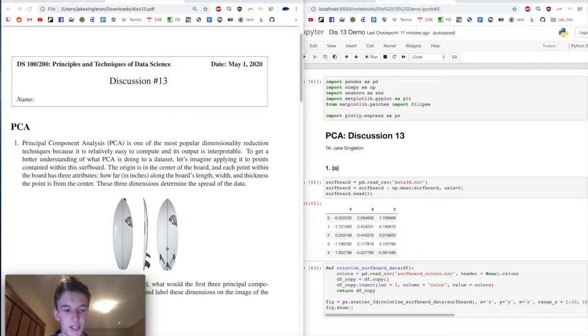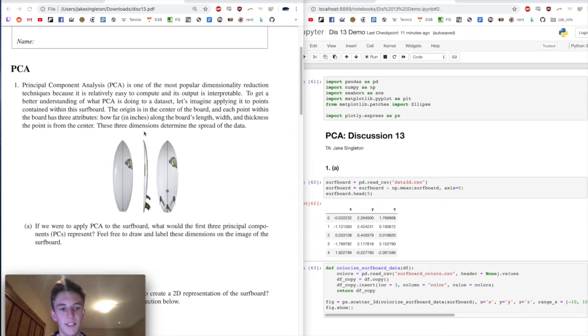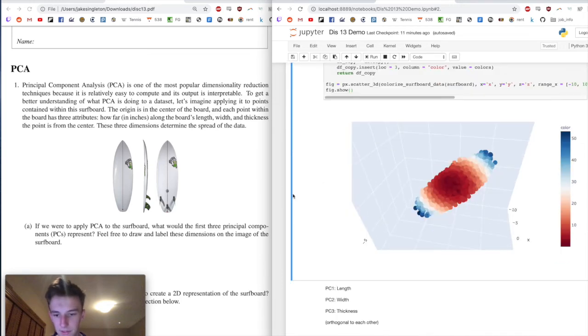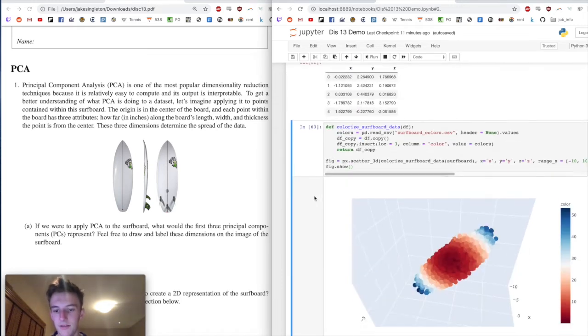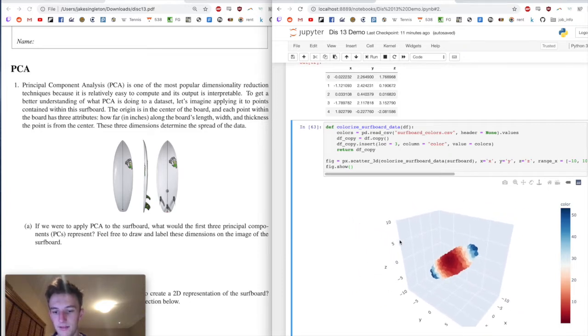This question is going to use a surfboard, which you'll also see in homework 8, to build some good intuition about what PCA is all about. The idea is we're going to think about applying PCA to this surfboard. I've plotted this 3-dimensional surfboard right here.